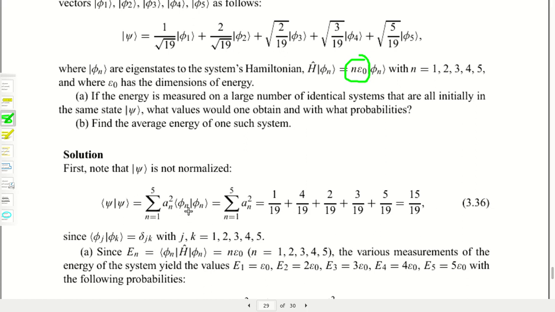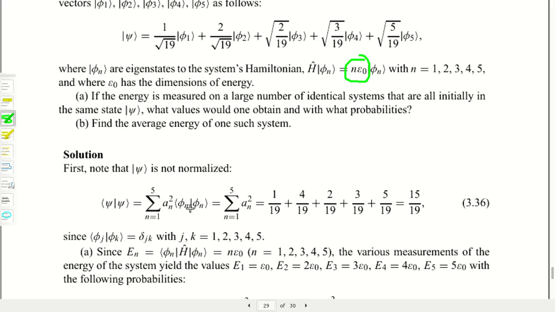So bra phi 1 ket phi 2 and such terms are 0. So bra phi 1 ket phi 1 plus bra phi 2 ket phi 2, five terms will appear. So the sum is n equal to 1 to 5, with the corresponding coefficients c_n square, written as a_n here in place of c_n.